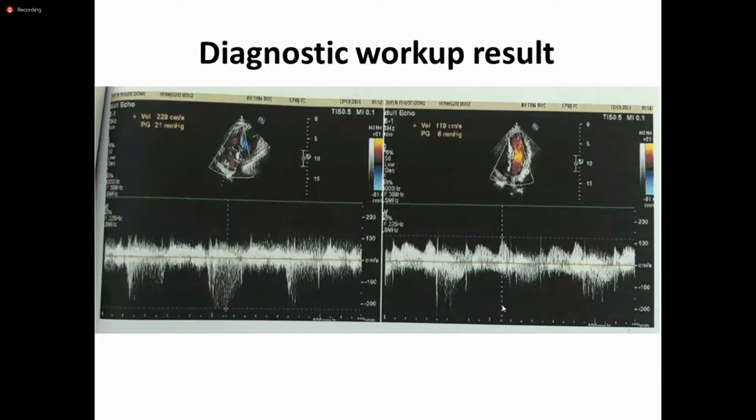Right? It's an echo. Yes, echo. I look at the RV, because I cannot see clearly, but this is the only echocardiogram I see.